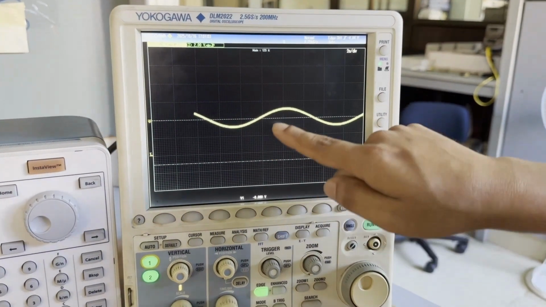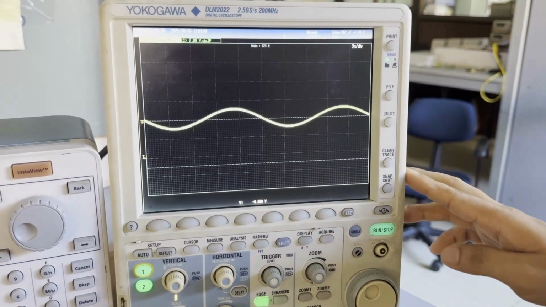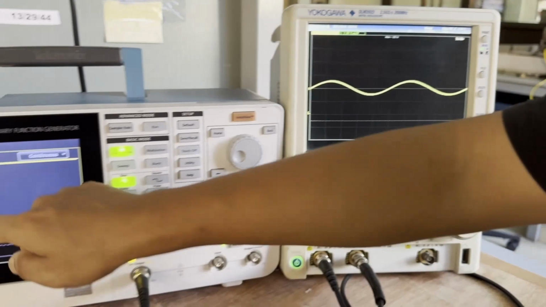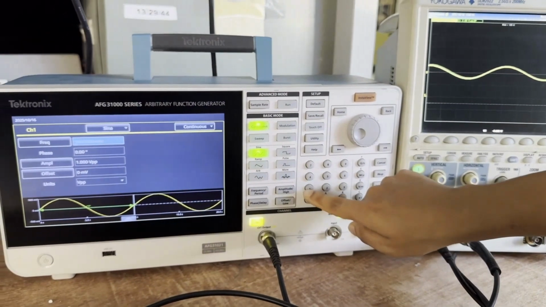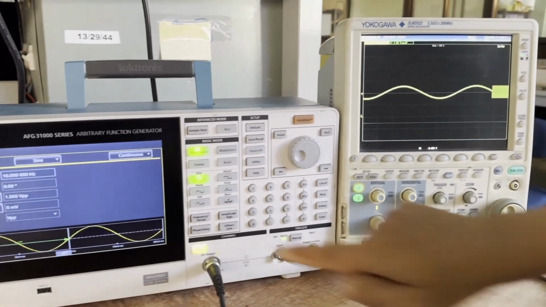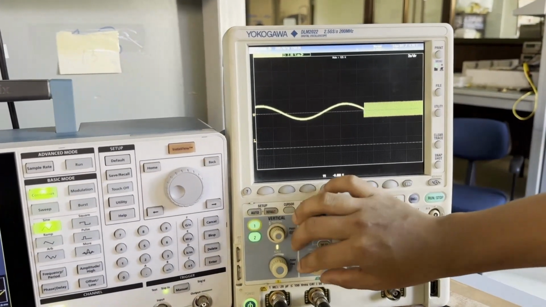So we get a response of this manner for a low frequency, that is 0.1 hertz. Now I shall increase the frequency to about 10 hertz. Now when I apply a frequency of 10 hertz to the system, we can see the output like this.